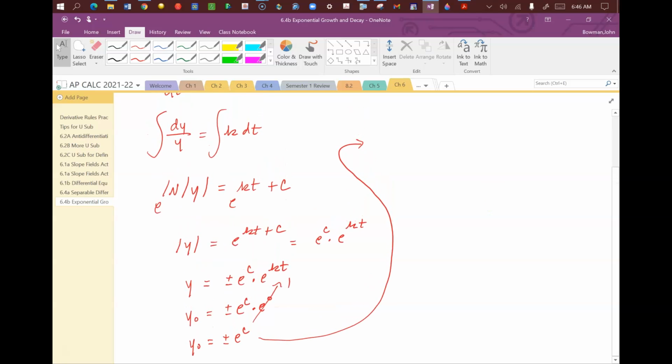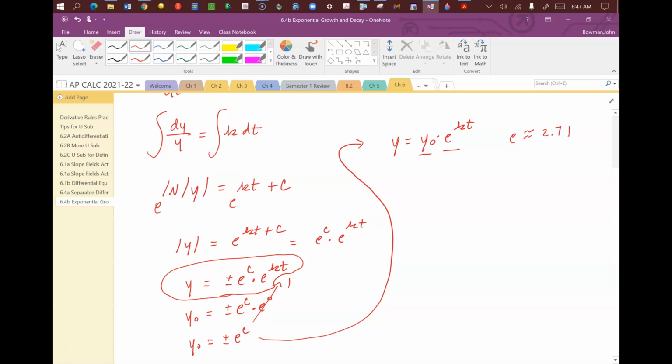So we go back to this point right here, and we say y is equal to y0 times e to the kt. You probably recognize that as an exponential function with an initial value of y0, using a base of e, and e, as you know, is approximately 2.71.